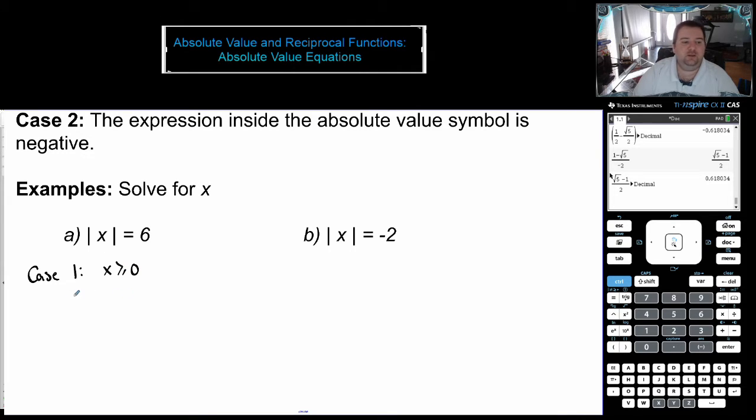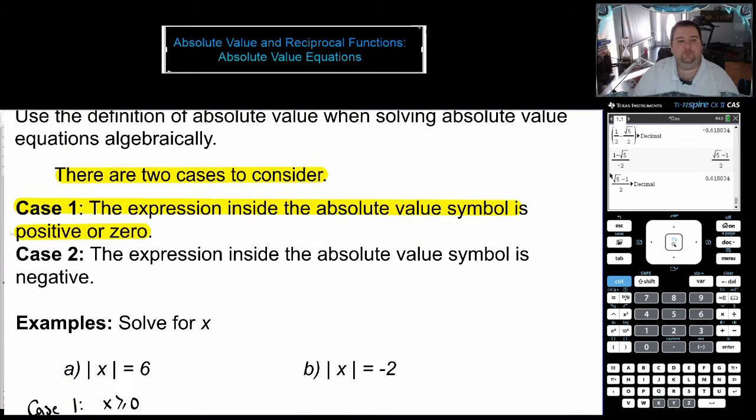We just put x in parentheses, dropping the absolute value sign, and say this is positive and equal to 6. When we drop the parentheses, all we have is x equals 6. So that's our first case.